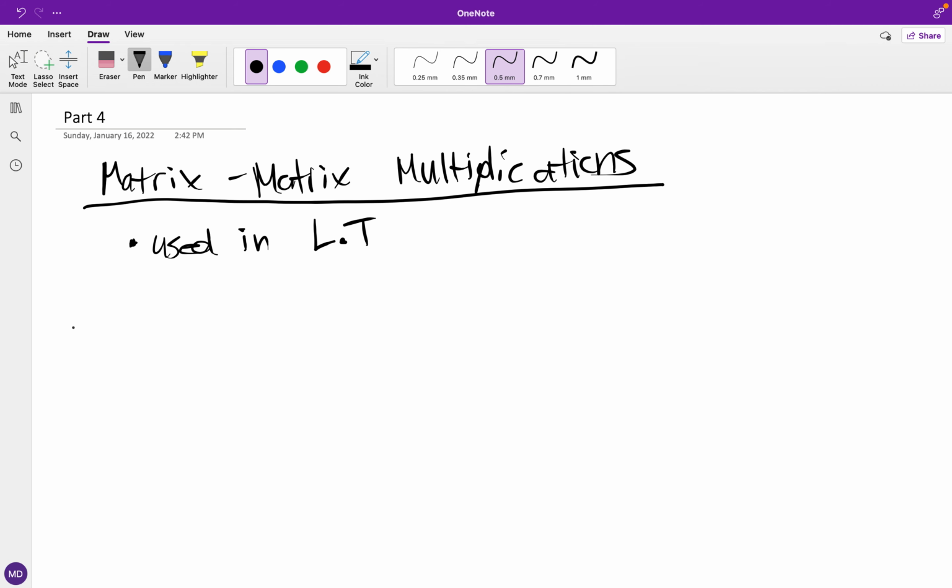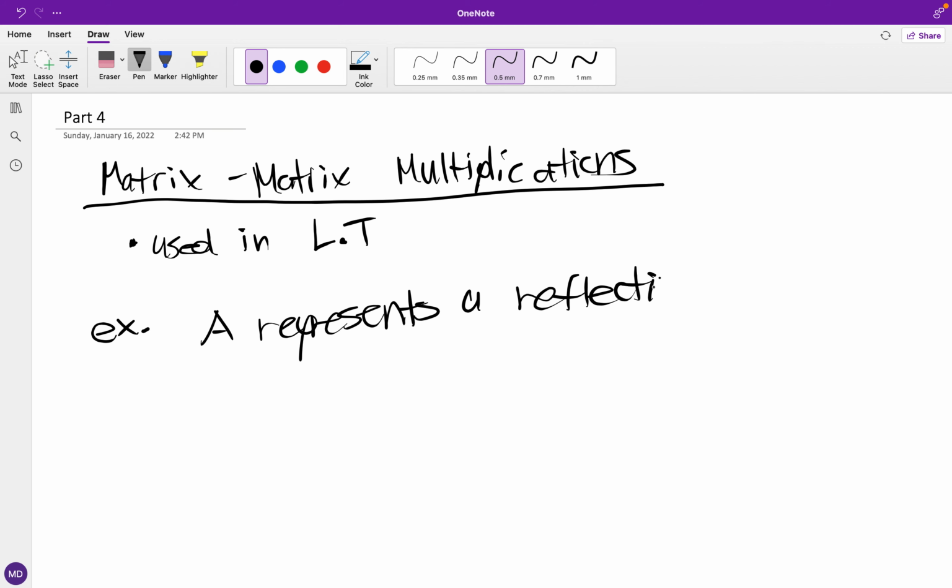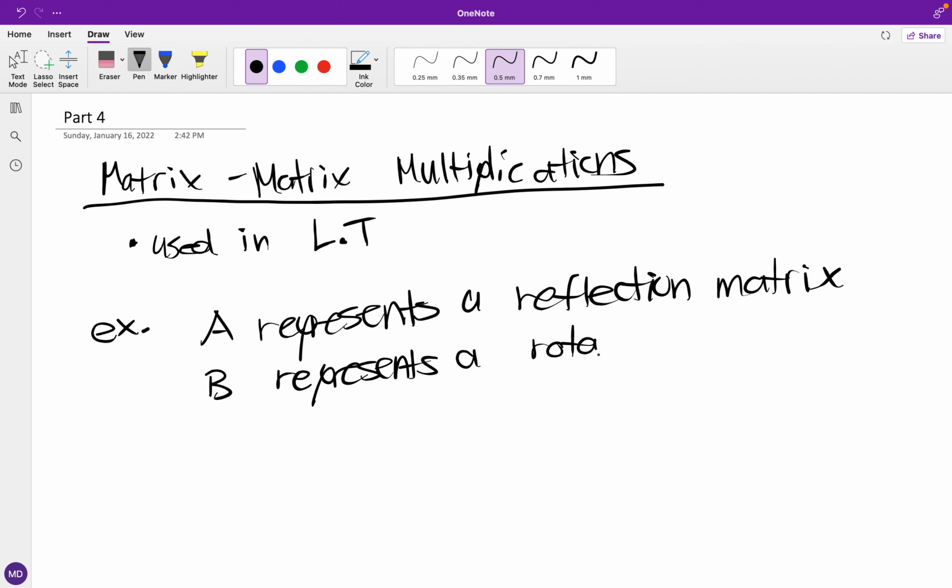As an example, to get an idea of what this is about, let's say the matrix A represents a reflection matrix. Let's say B represents, I don't know, a rotation matrix.